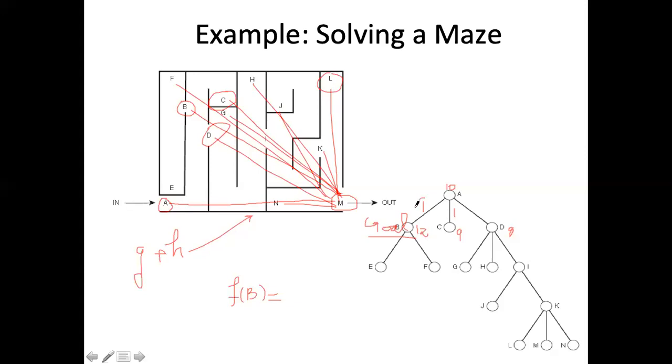So this would be the path cost, which is from A to B, plus the heuristic cost. So that would be 12 plus 1, which is 13. So in this case, FB जो है वो 13 है, और FC जो होगा, that would be 10. So F of C would be 10.